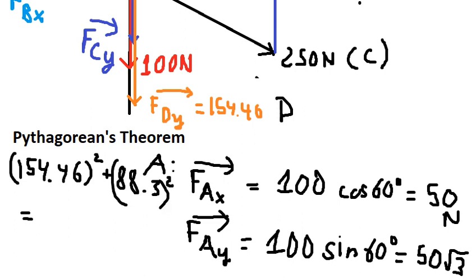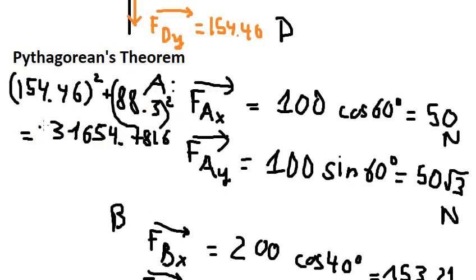You will get about 31,654.7816. Later we put the square root and we got about FD, the force of number 4 in here, that is about the square root of this one.